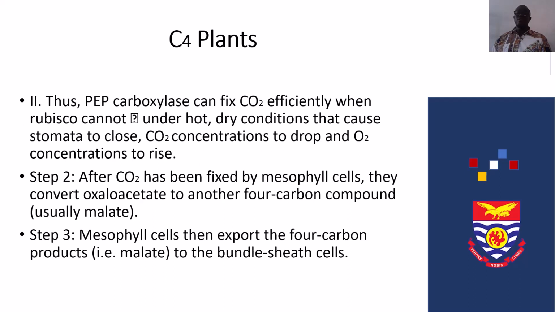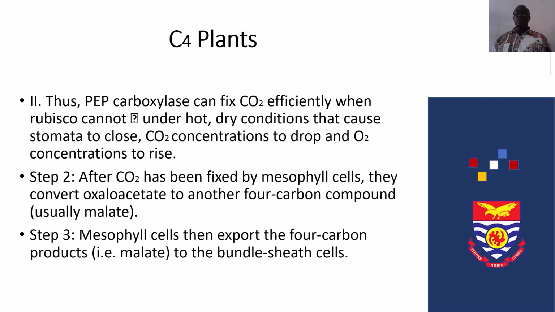Thus, PEP carboxylase can fix carbon dioxide efficiently when Rubisco cannot, under hot, dry conditions that cause stomata to close, carbon dioxide concentrations to drop, and oxygen concentrations to rise. Step 2. After carbon dioxide has been fixed by mesophyll cells, they convert oxaloacetate to another 4-carbon compound, usually malate. Step 3.